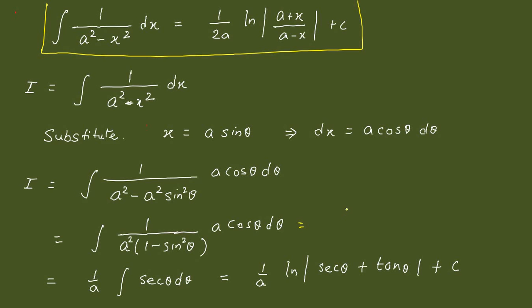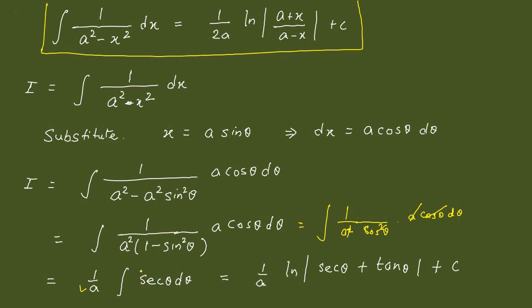So this will be a square times cos square theta, and of course there is a cos theta d theta in the numerator. Now you can see that a and a will get cancelled, so this 1 over a can be taken out, and one cosine theta will be cancelled with one cosine theta.